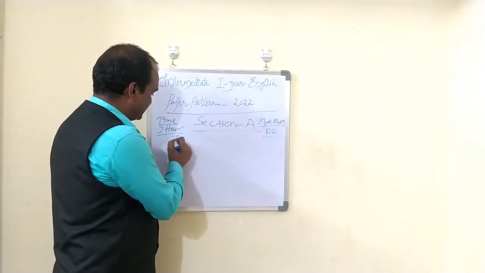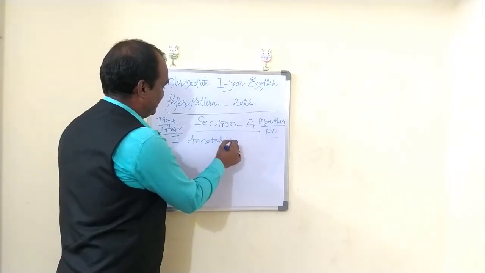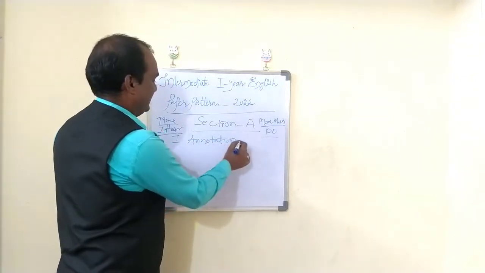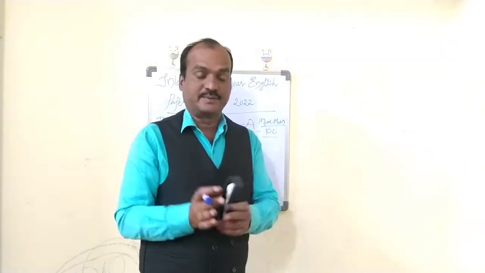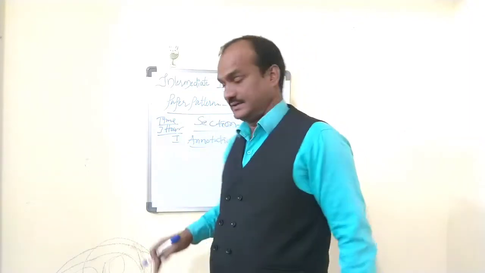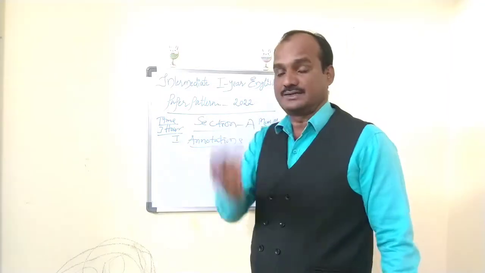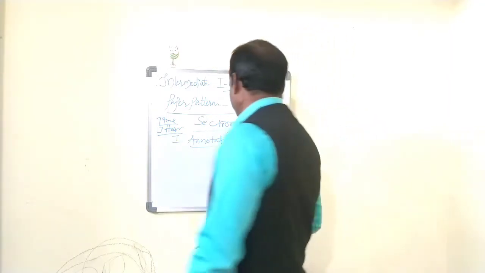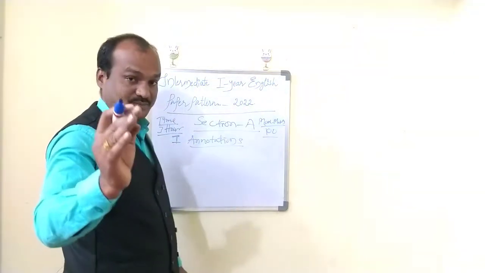Section A, first bit: annotations. One sentence from the textual reading will be given, and you need to annotate that sentence. That is annotations. So bit number 1 is annotations from the prose piece.